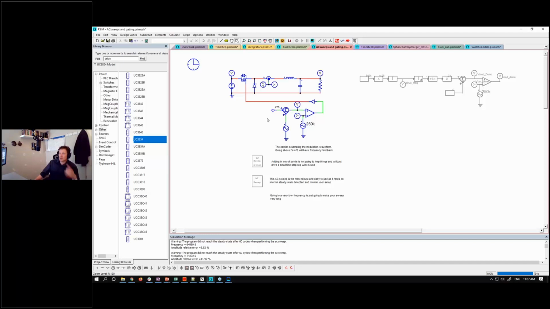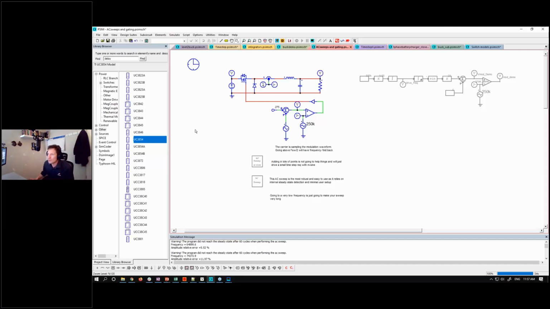PSIM is running discrete time domain simulations at each frequency of interest and extracting frequency content. And we're including the switching operation. So we're agnostic to the power stage. This power stage could be a peak current control or a phase shift or a variable frequency drive or an LLC or a motor drive or a three-phase inverter or whatever.